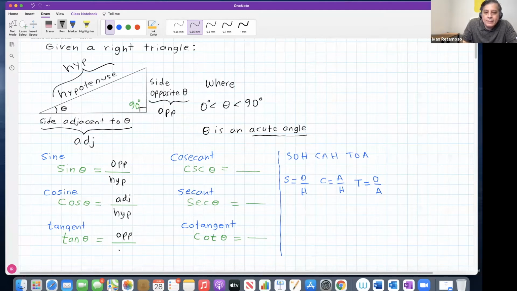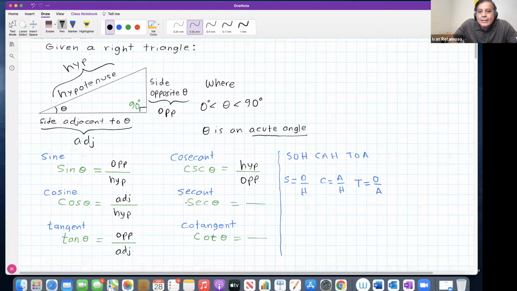Opposite over adjacent, okay? Now, there are 3 more, but these sort of come for free. How? You just flip these guys to get these other guys, right? For example, if you flip sine, you're gonna get cosecant. Cosecant is defined to be hypotenuse over opposite.